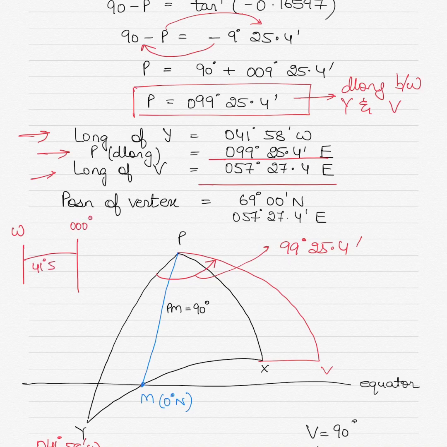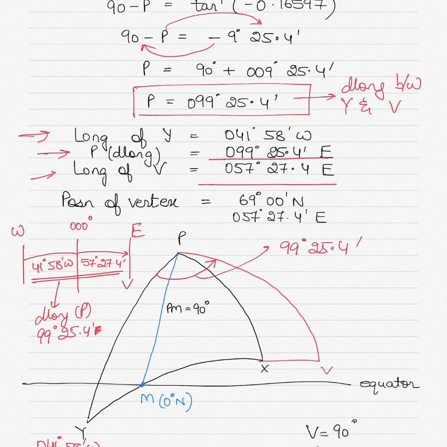But because your d long is 99 degrees 25.4 minutes, you will go further by 57 degrees 27.4 minutes, and this is on the east side. This is where your vertex is. These two values together make the d long, P, in this case 99 degrees 25.4 minutes, and this is east. That's how it is. So you got your position of the vertex as latitude and longitude.